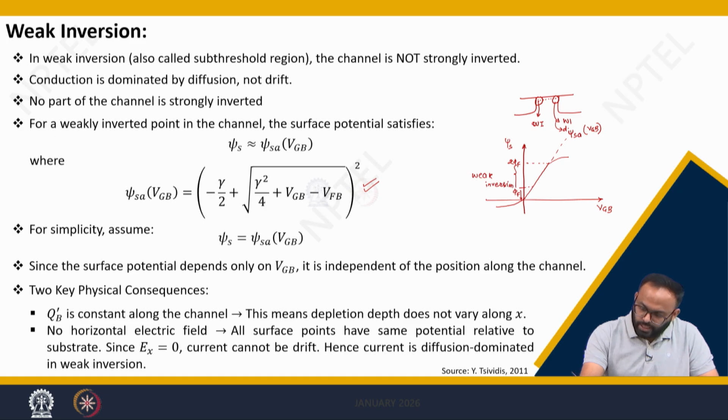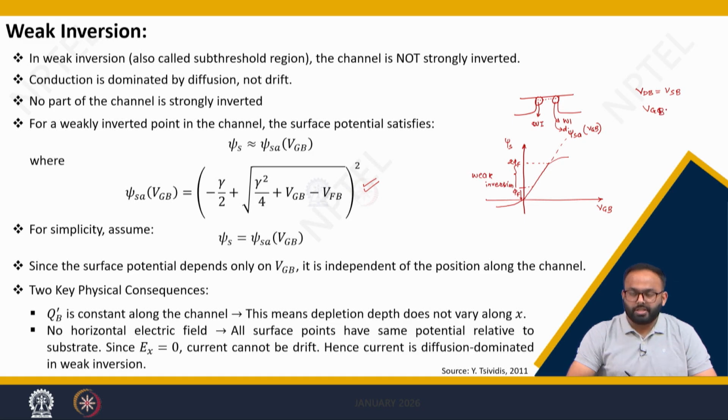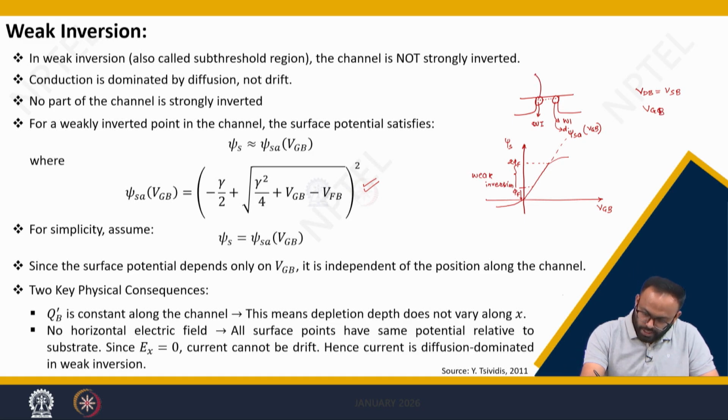So, we are considering that VDB is equal to VSB, and the gate voltage is not enough to cause inversion, and hence the surface potential here is psi S0 and the surface potential here is psi SL.